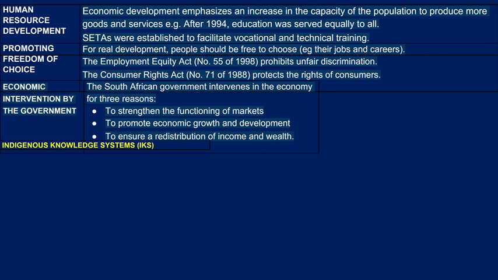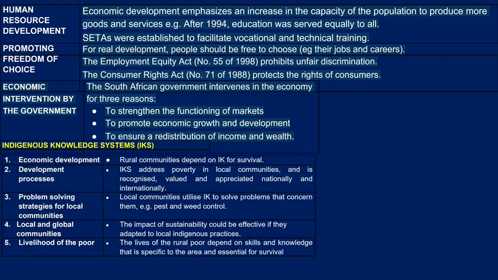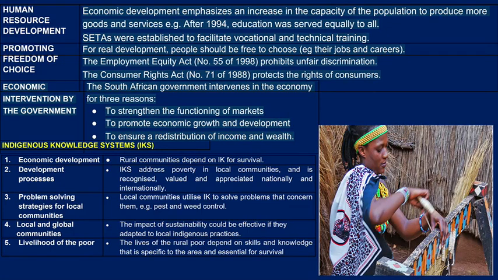Moving on to IKS, also known as Indigenous Knowledge Systems. Right. Economic development. Rural communities depend on indigenous knowledge for survival. Development processes. Indigenous knowledge systems address poverty in local communities and is recognized, valued, and appreciated nationally and internationally.